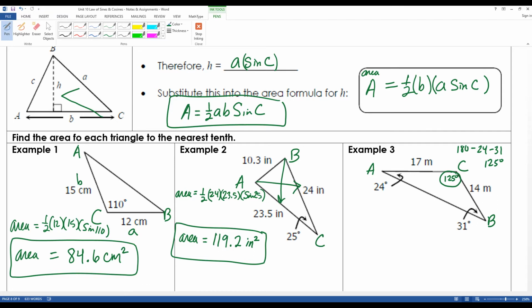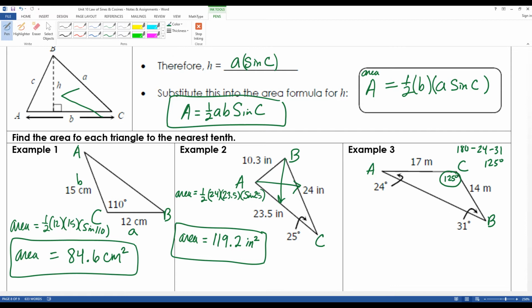Because back to the formula, the two sides have to be different than the angle. You can't have the same side and same angle in that area formula. Notice it's 1/2 AB sine C. So the angle and the two other different sides.